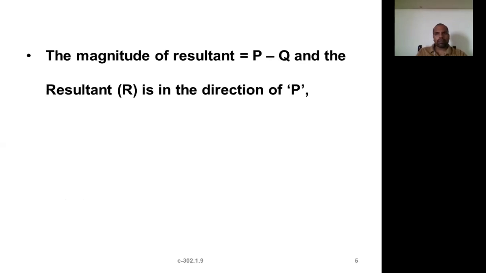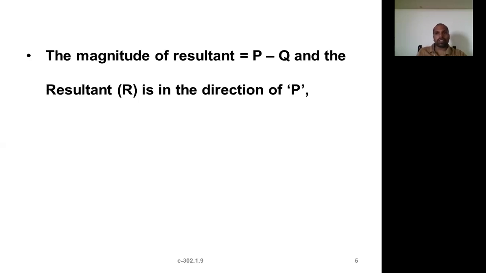In the case of unlike parallel forces, the magnitude of the resultant is the difference between the two forces, and the direction is along the same sense as the higher force, having the higher magnitude. That is the sense.